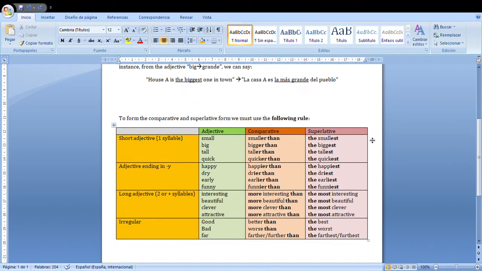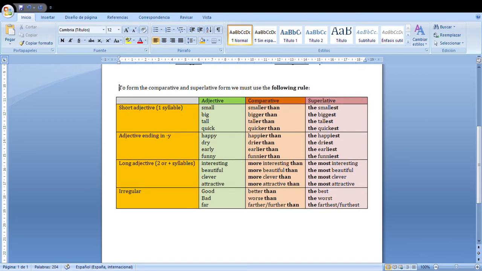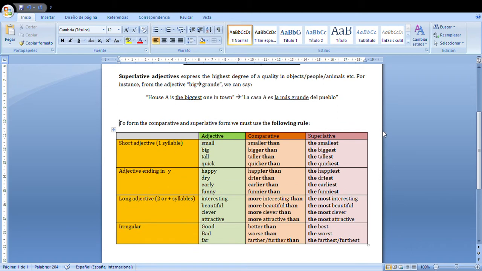So now this is the important thing and the brief summary of what I've just explained. To form the comparative, we have to follow this rule, or the superlative in case. We've got 4 cases, okay? First case, short adjective, 1 syllable. I put examples small, big, tall, or quick.